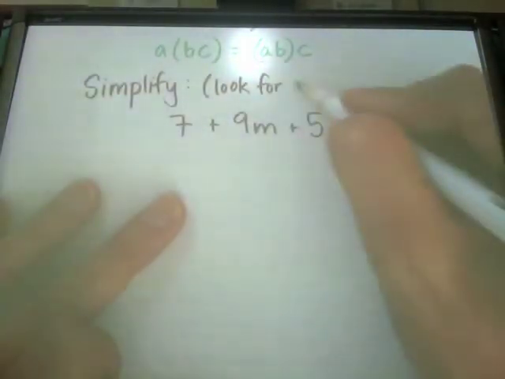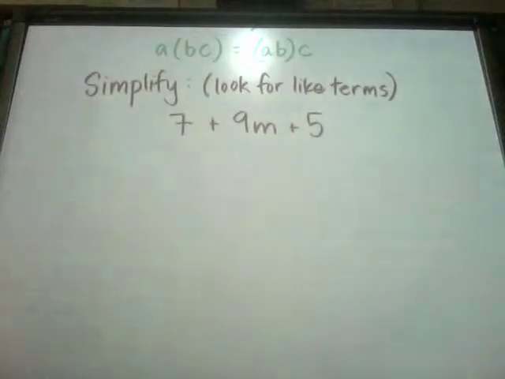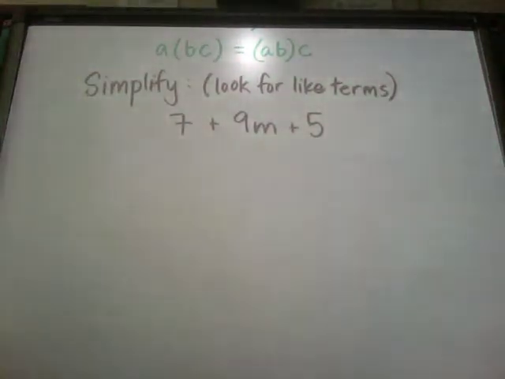If we are adding, you need to look for like terms. Because remember, we can only add and subtract things that are alike. So, if I wanted to combine like terms in order to simplify this, which terms in this example are alike?